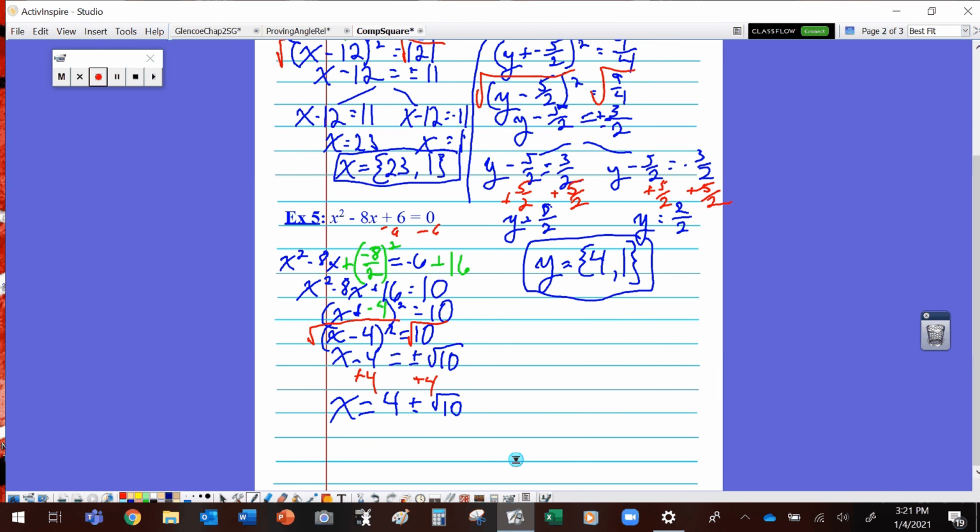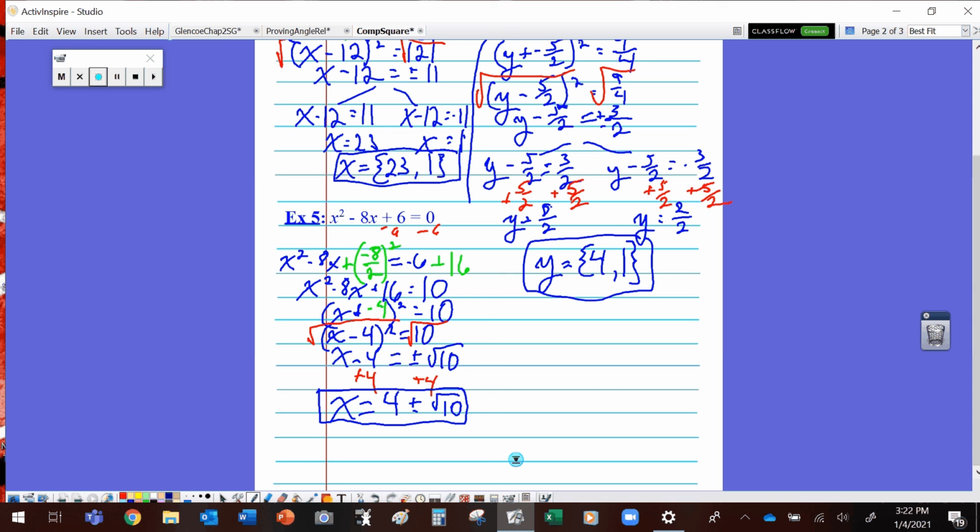And this is actually a perfectly acceptable solution because this square root of 10 is a crazy ugly decimal, and this is exact. Instead of rounding that decimal, even if the calculator shows us 10 digits, that's still an estimate. This goes on forever. So leave it underneath that root and have 4 plus or minus the square root of 10, and that is the answer.